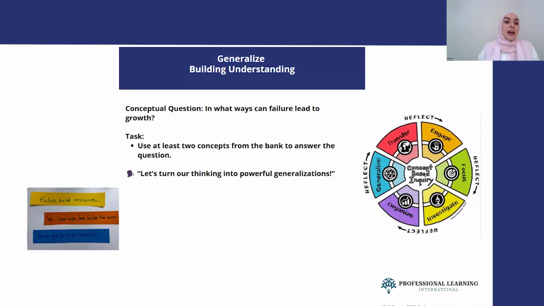And each student had her own paper to answer this question in her own way, using the concept bank that we created, or any other concepts that they can think about. And they came up with amazing and powerful generalizations, knowing that it was the first time we teach them conceptually.